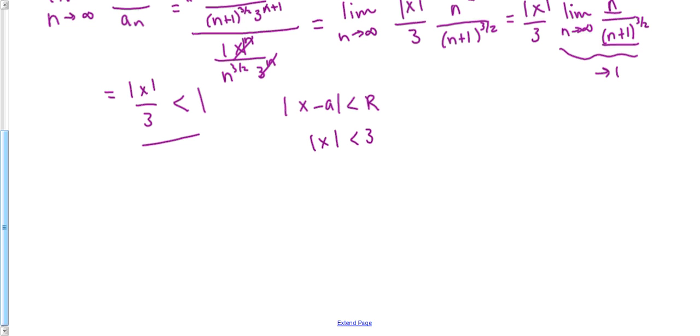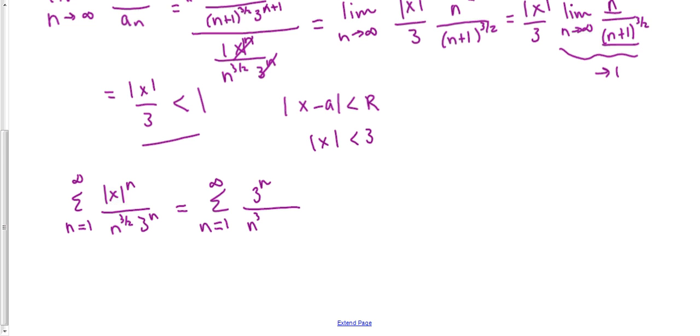Well, let's substitute the absolute value of x equals 3 into our original series, which is the summation from n equals 1 to infinity of the absolute value of x to the n divided by n to the 3 halves times 3 to the n. And when we substitute in, it's still going to be the summation from n equals 1 to infinity, but now it's going to be 3 to the n divided by n to the 3 halves times 3 to the n.